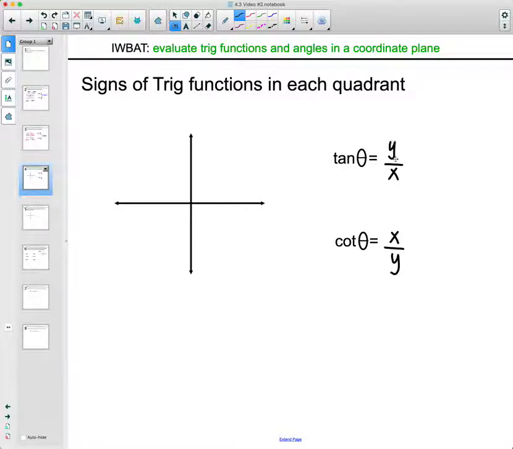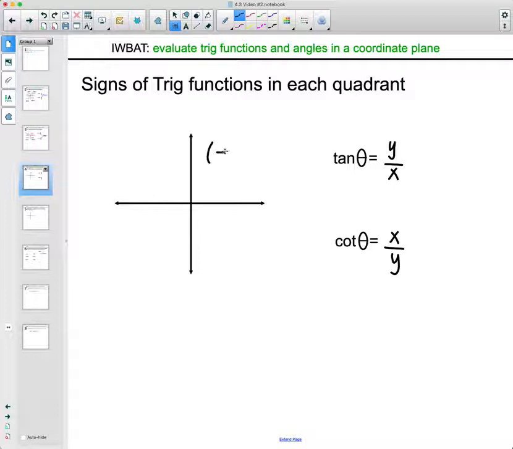If they are both negative, tangent is also positive. If they are different, then tangent is negative. If you take a negative divided by a negative, you get a positive. If you take a positive divided by a positive, you get a positive. If you have one of each, you get a negative.